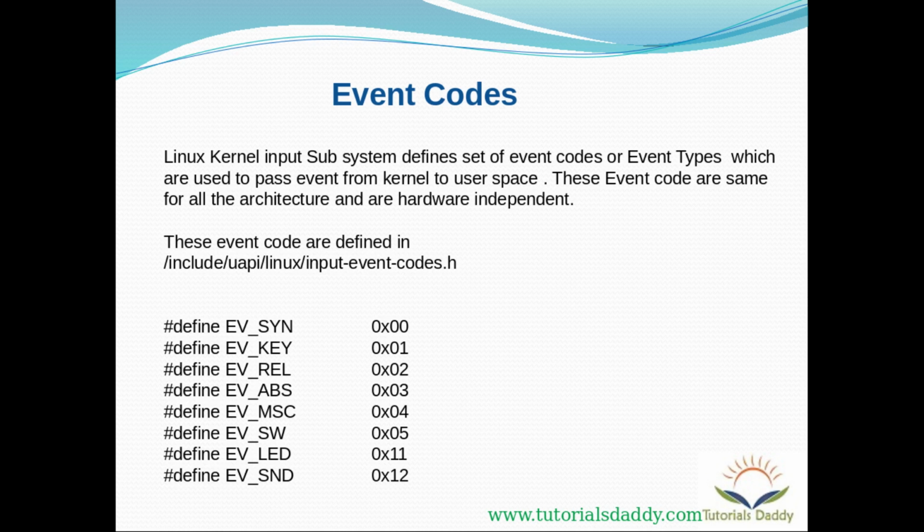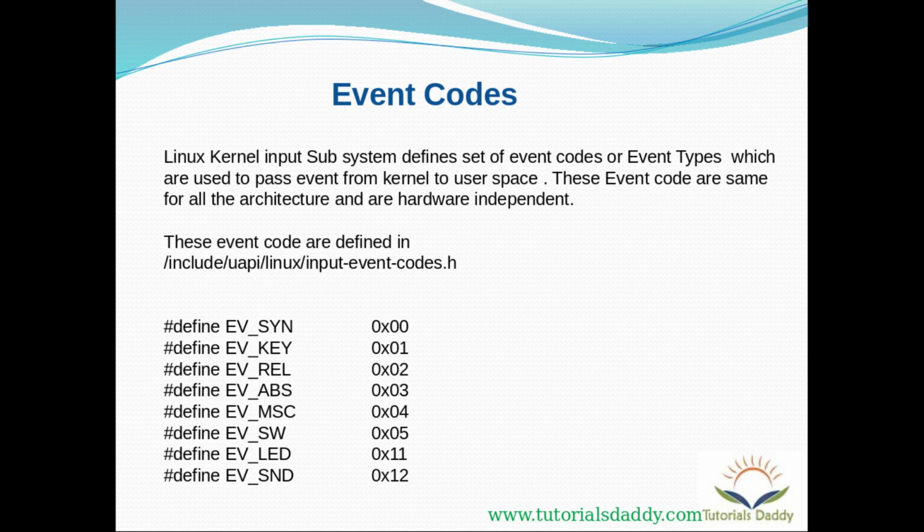EV_KEY events are the events generated by the keyboard. EV_REL means event relative, where your driver is going to generate a relative event, meaning an event related to the last event. EV_ABS means you are going to generate an absolute values event.